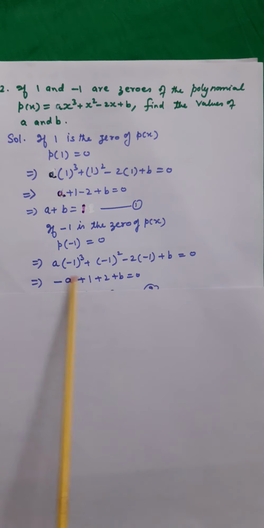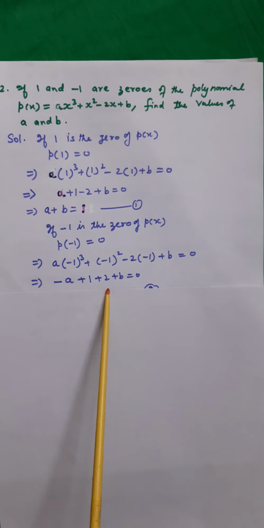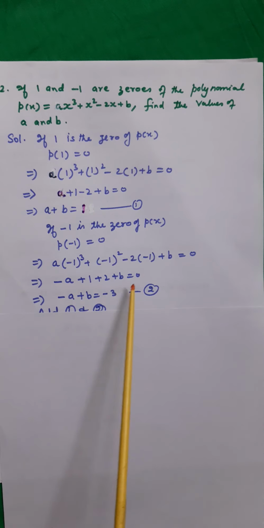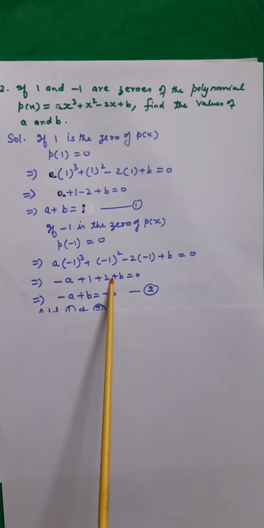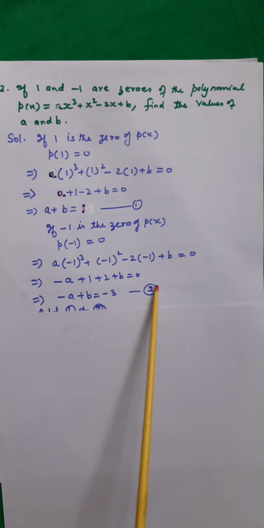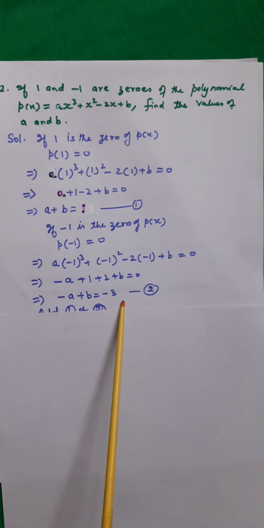This implies -a + 1 + 2 + b = 0, implies -a + b + 3 = 0. This plus 3 is shifted there and I get -a + b = -3.